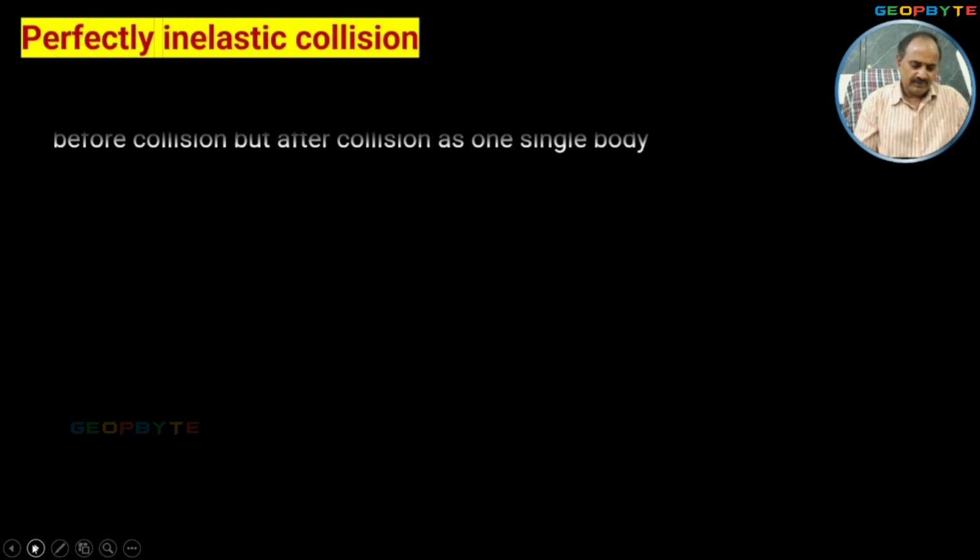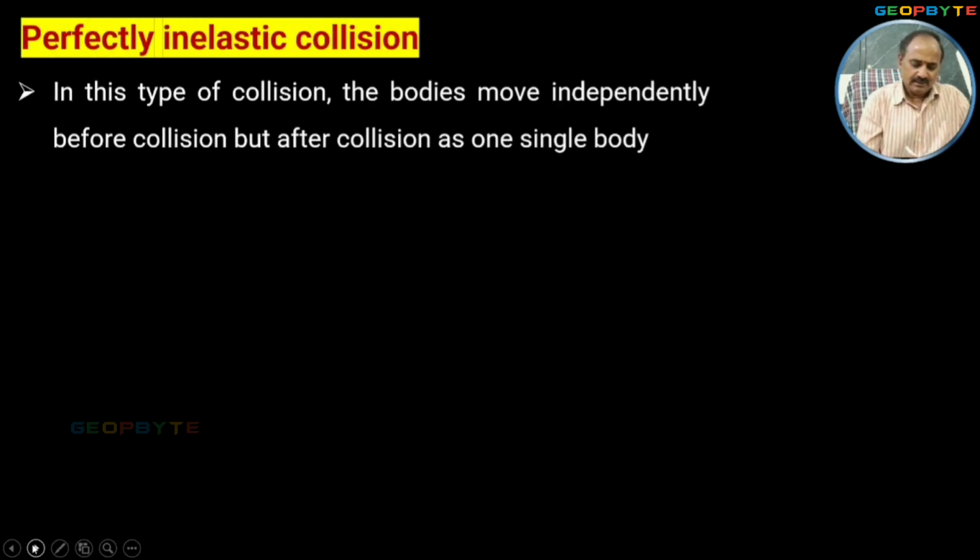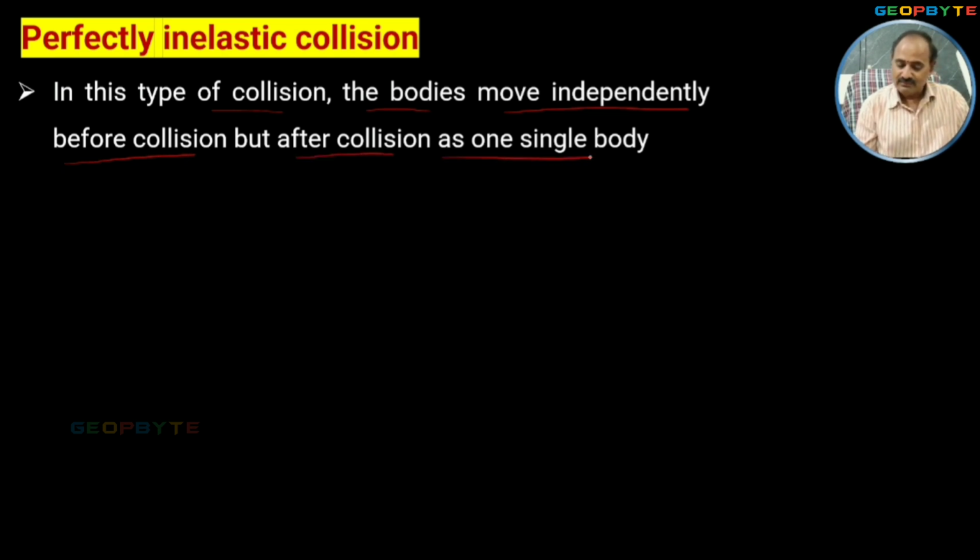Dear students, now let us discuss the last type of collision, that is perfectly inelastic collision. Okay, you know the meaning of perfectly inelastic collision. In this type of collision, the bodies move independently before collision, but after collision as one single body. In a perfectly inelastic collision, after colliding, both bodies move as a single unit with the common velocity.